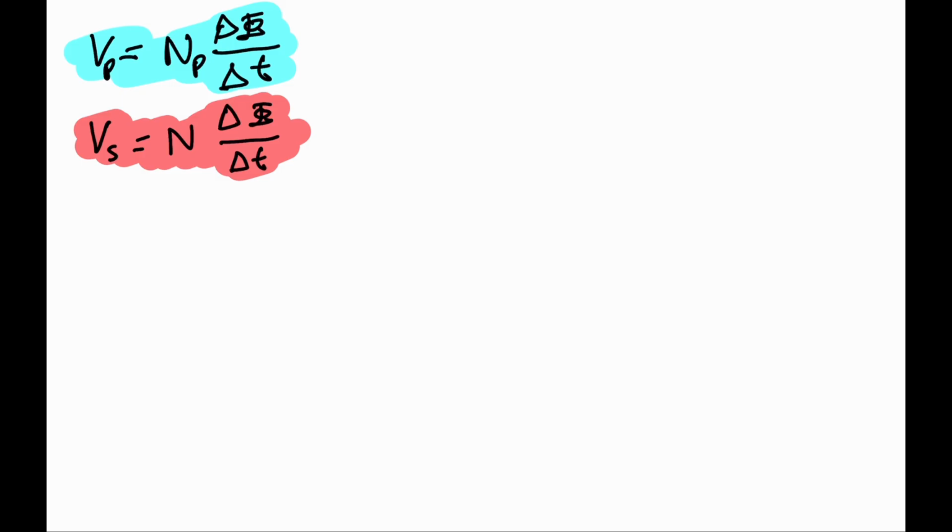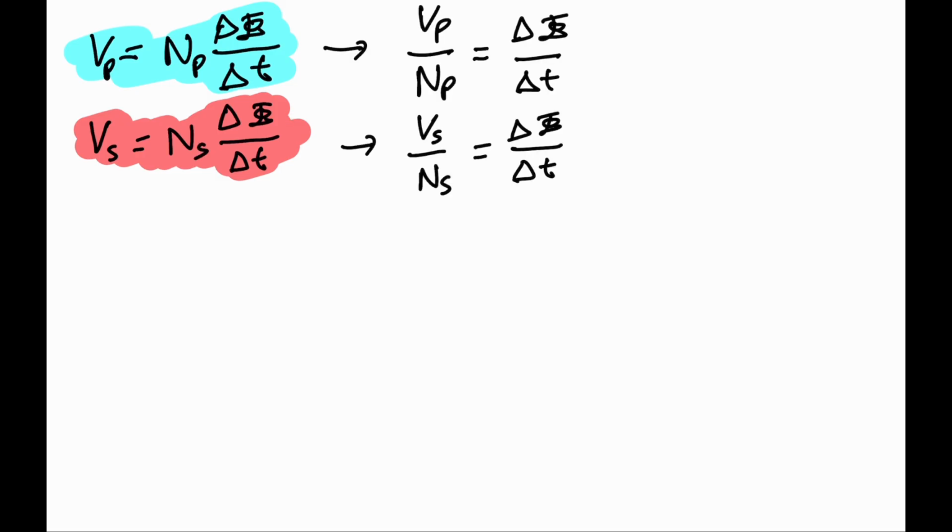If you rearrange the equation to make the change in flux over time the subject, and assuming the transformer is 100% efficient, you would have the same rate of change of magnetic flux for both coils.